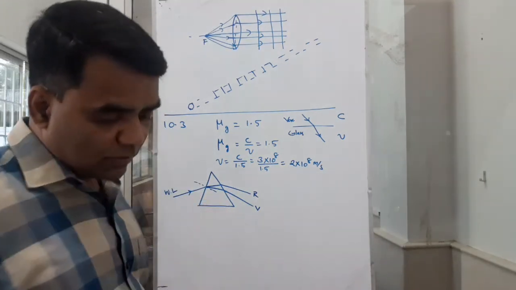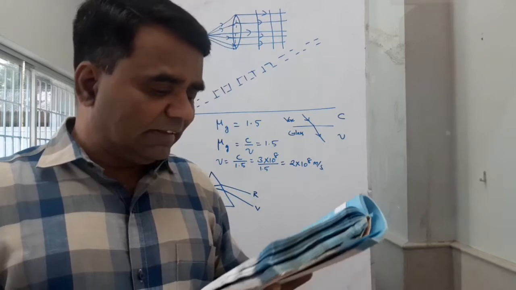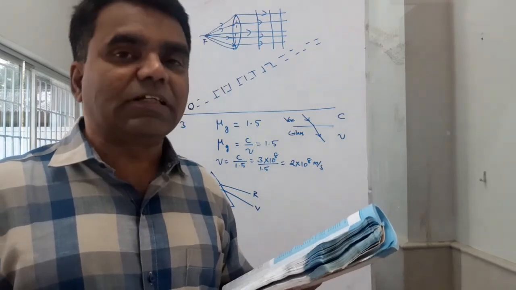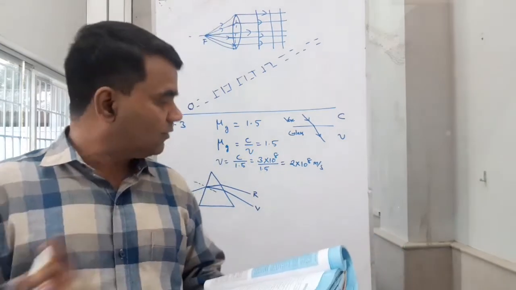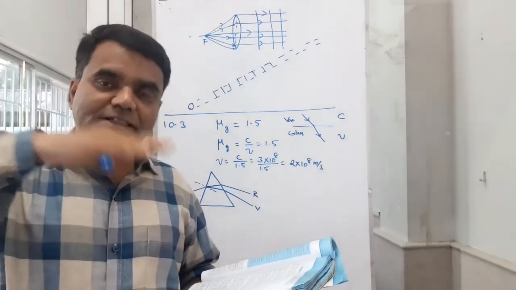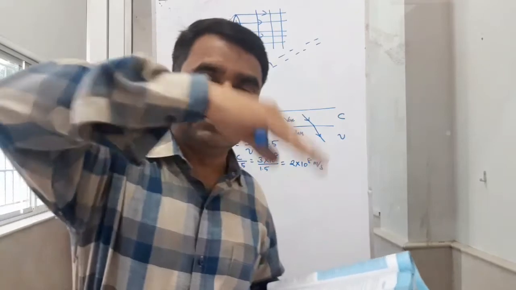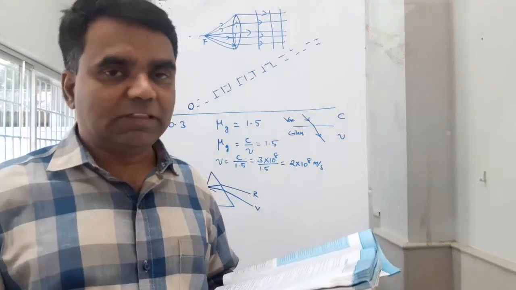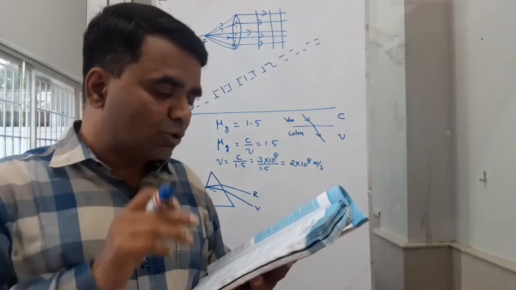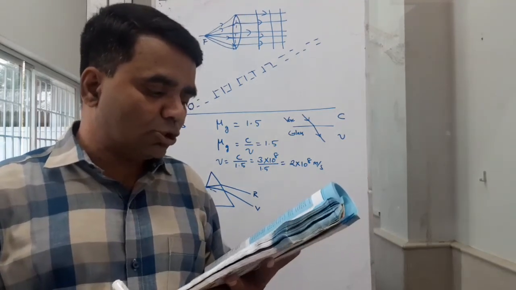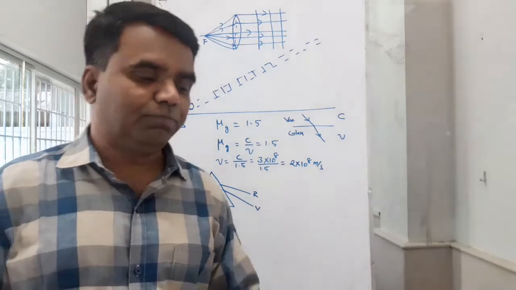Then to answer this question: is the speed of light in glass independent of the color of light? No. If it were independent of the color of light, then they would all refract with the same angle, but they don't. If not, which of the two colors, red and violet, travels slower in a glass prism?